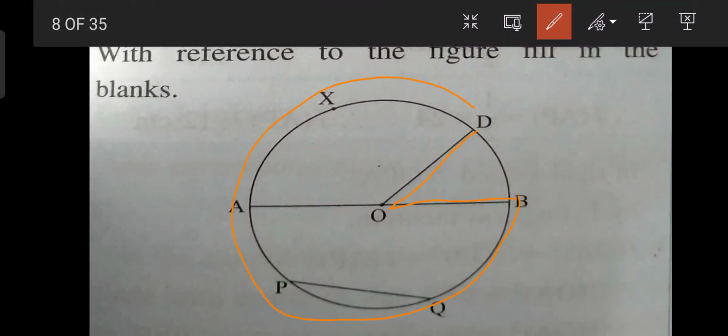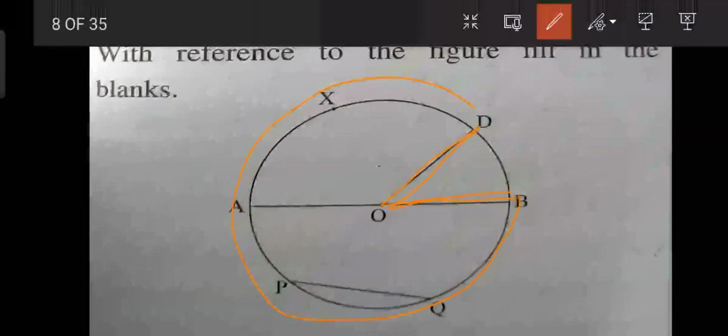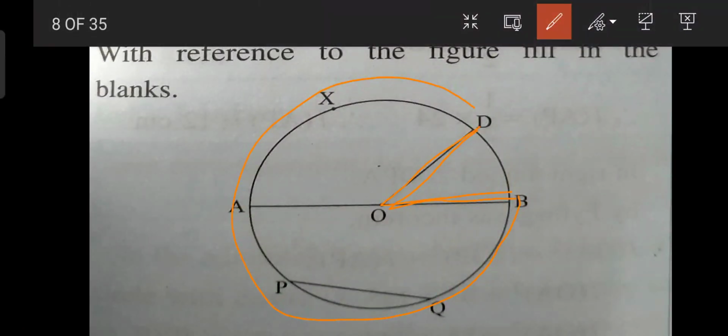The whole circle, 360 degrees, minus the measure of angle DOB.